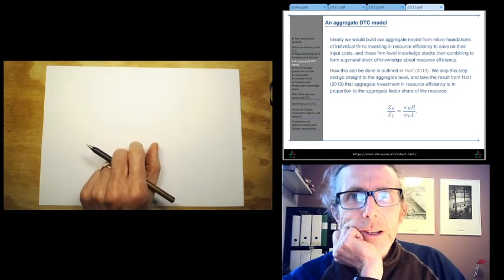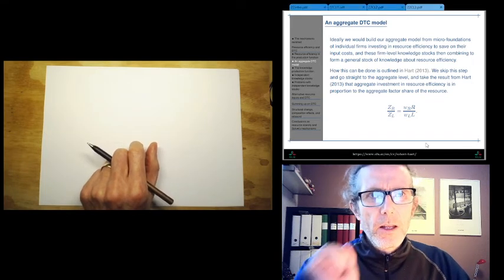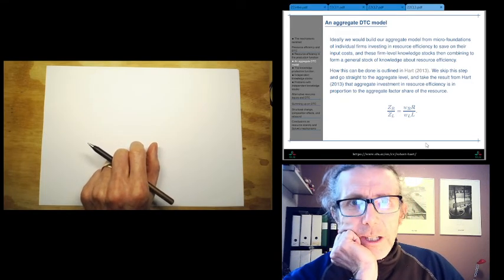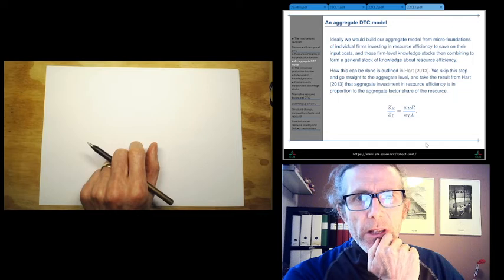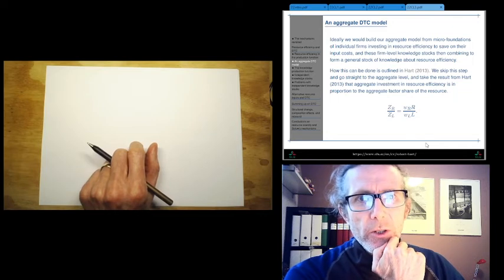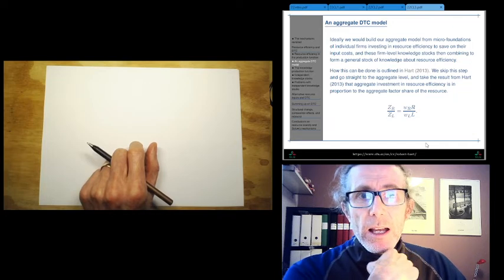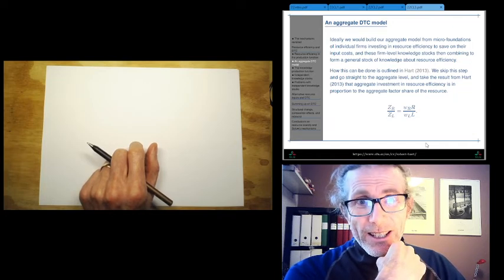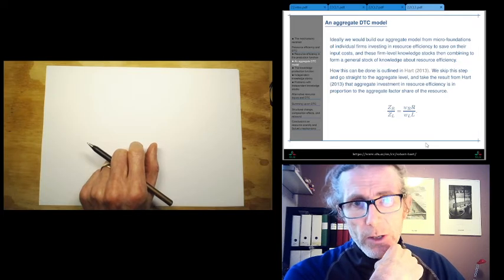Ideally, we would build our aggregate model from micro foundations of individual firms investing in resource efficiency to save on their input costs, and these firm level knowledge stocks then combining to form a general stock of knowledge about resource efficiency. How this can be done is outlined in the paper I mentioned before from 2013 and lots of other places in the literature.